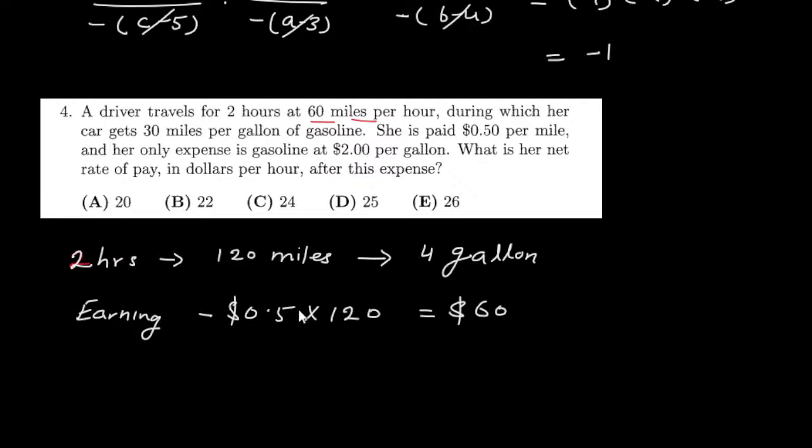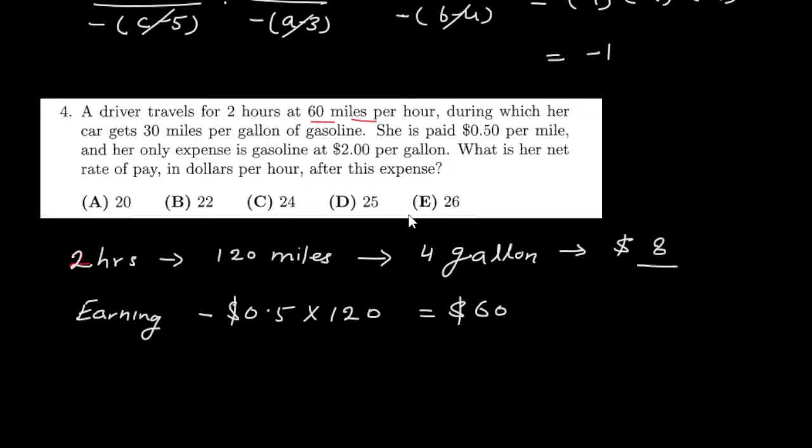Okay, now again, her only expense is gasoline at $2 per gallon. So for gasoline she is paying $2 for 1 gallon. So for 4 gallons her expense will be $8. Now her expense is $8 and her earning is $60.